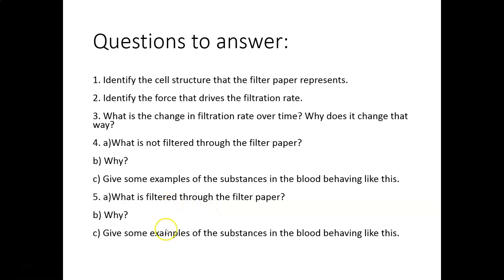Then give some examples of what's in the blood that can be filtered through. I want you to submit this as well as your drawing of the nephron and the histology drawing, all of that. So that's your basic experiment lab assignment.